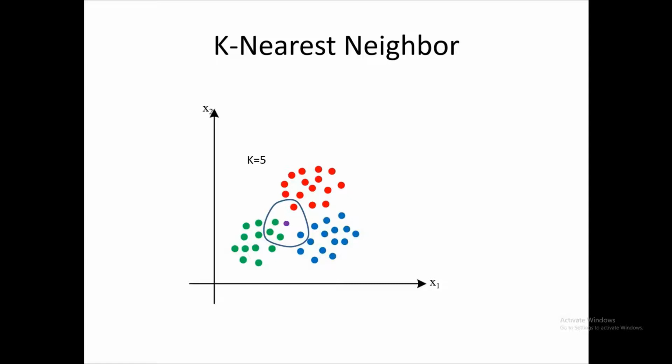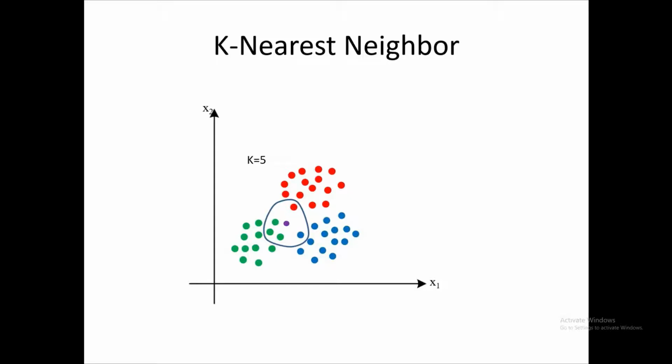Here we have seen there are 3 green, 1 orange and 1 blue. So green got the most votes, and we finally assign this data the green label. In this way we can classify the data.